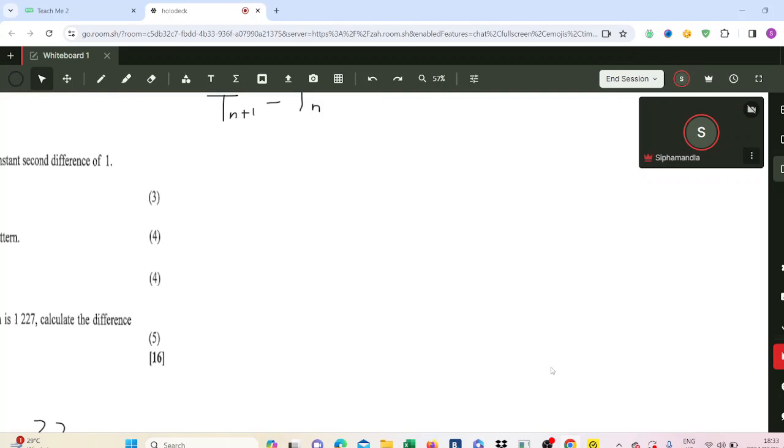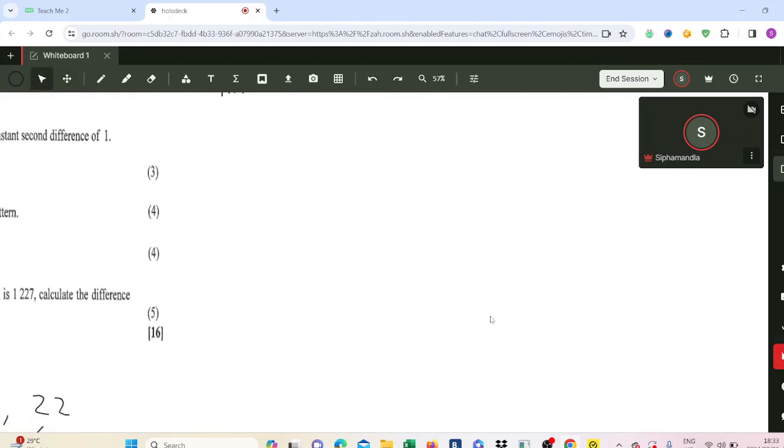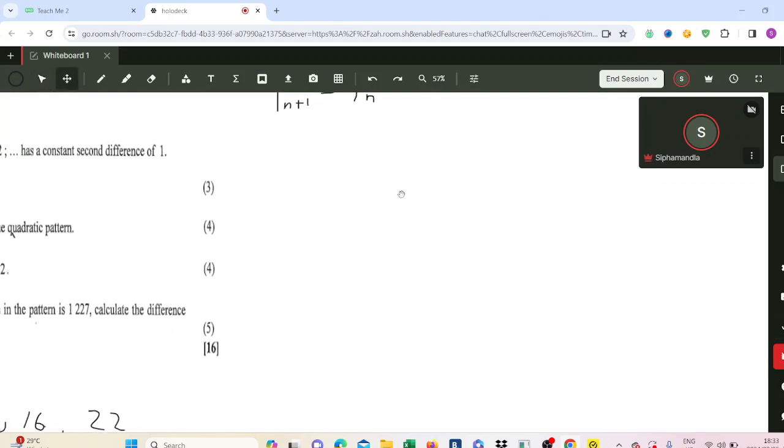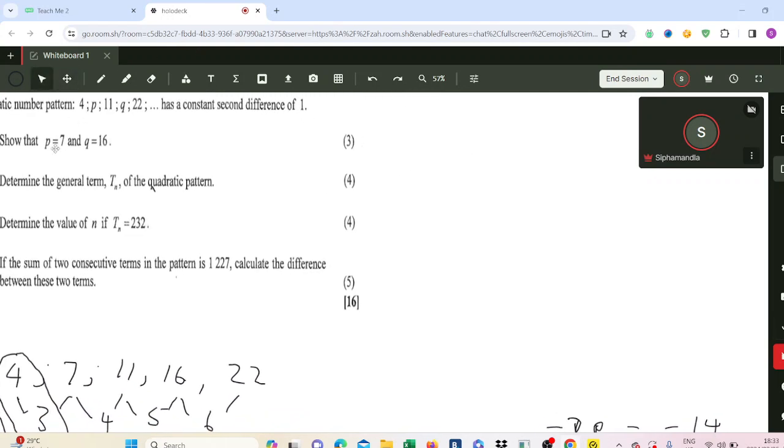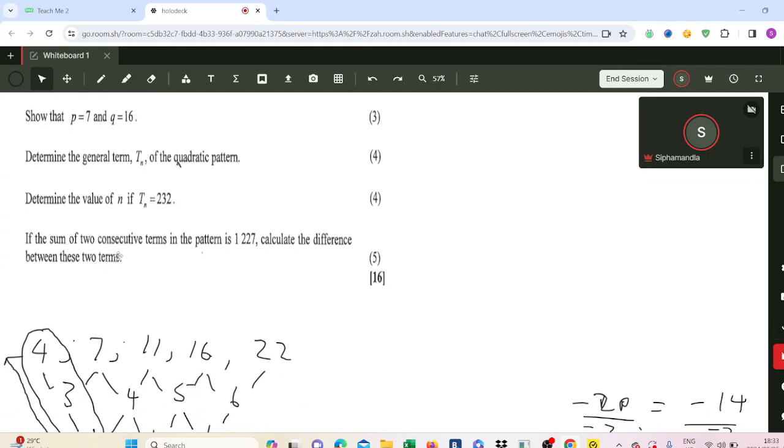Now, something that is consecutive is something that follows each other, right?